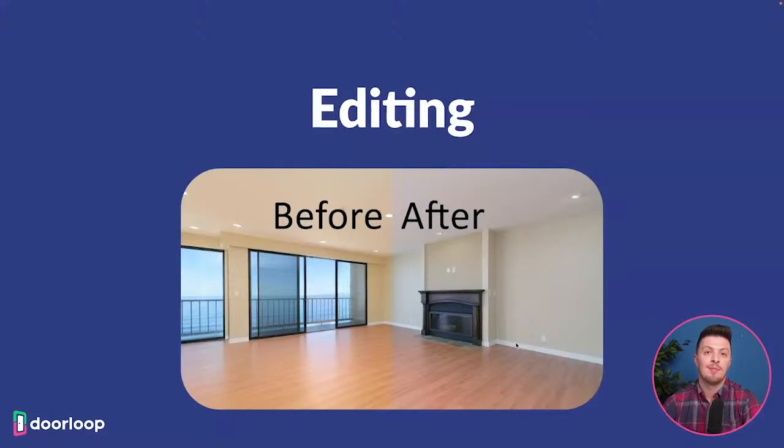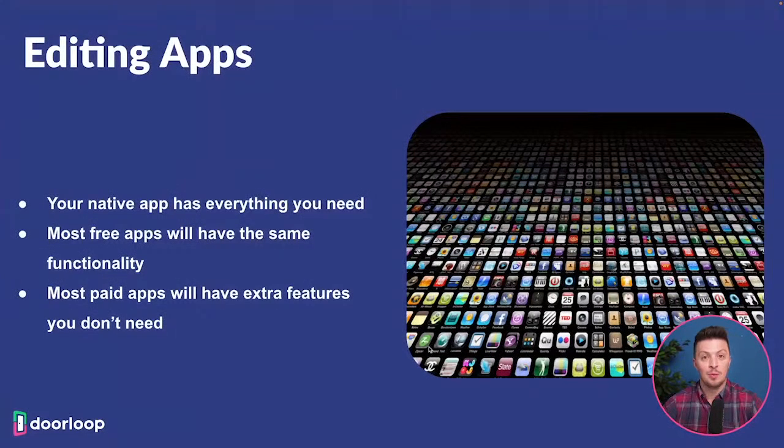Okay. Now, what about editing apps? In the name of keeping everything really simple, we're not going to use any editing apps. We're only going to use the one that's native to your phone. Whenever you take a photo on your phone, usually you can edit it and make slight adjustments, and that's all we basically need here.